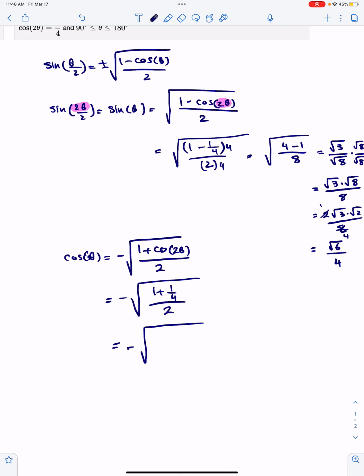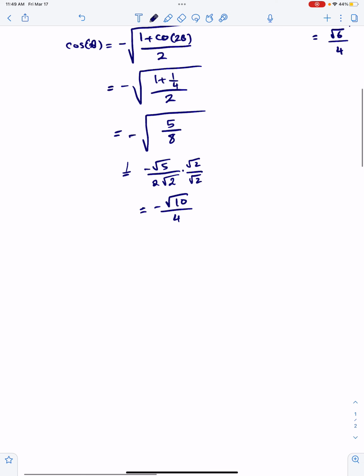This is going to be 5 over 8, which is, I can basically leave it like this, or I can take it further and I can say this is square root of 5 over 2 square root of 2, and then multiply root 2 over root 2, and this is going to give me negative square root of 10 over 4. And that is the second one. That is the cosine.